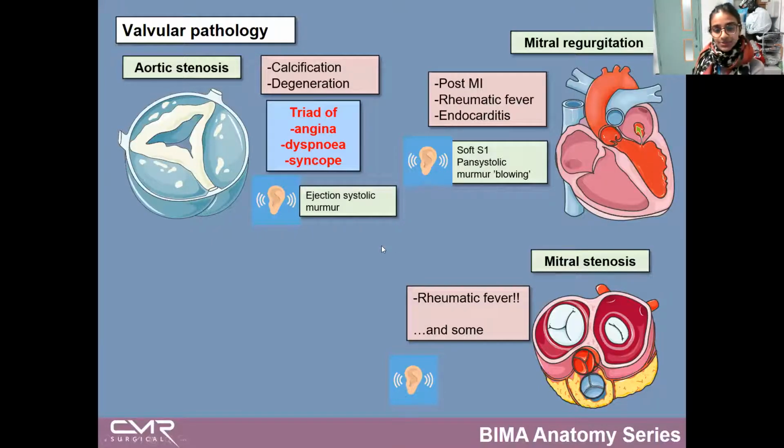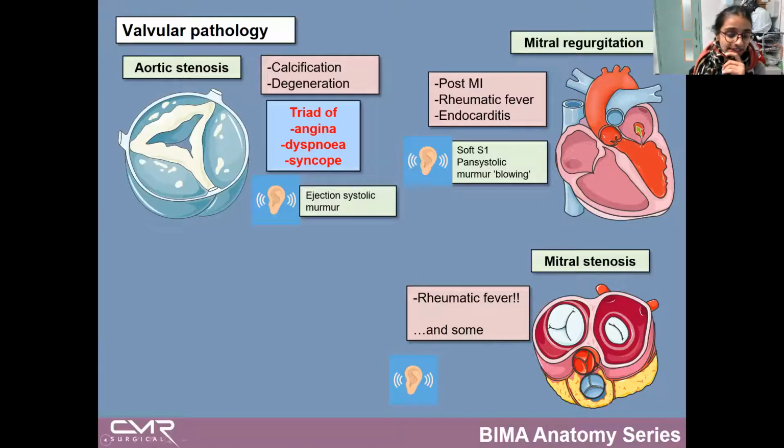Again, we can conclude from the pathology. If you've got a really hard, tight valve, when it closes it's going to make a loud sound because it's hard and cracky and narrow.